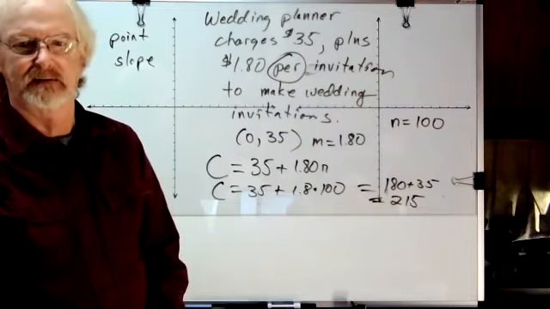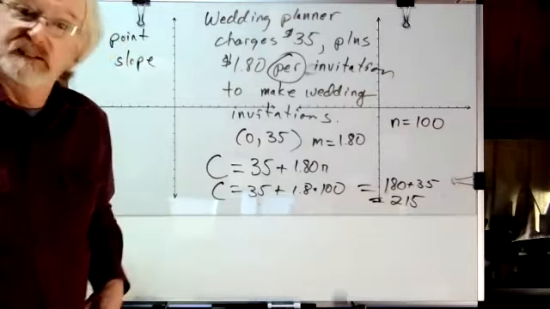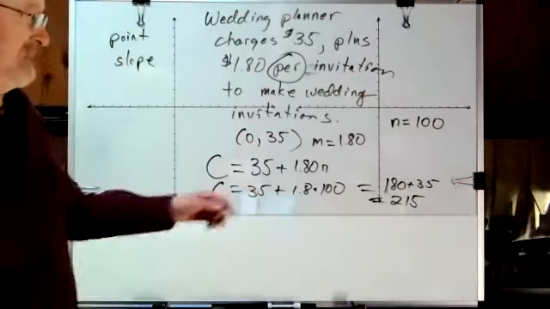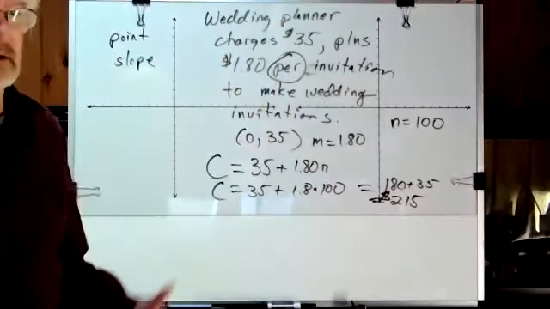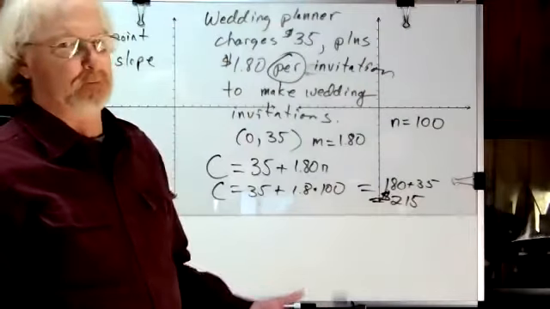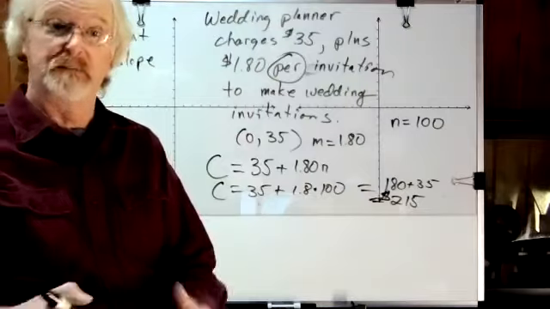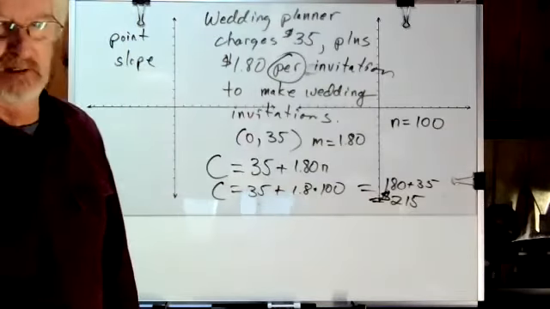What am I getting at? What's the cost? $215. No, that's $215 units. That's just making that point. Be careful. Again, on a hand-in homework problem, you've got to put some units on your application problems.